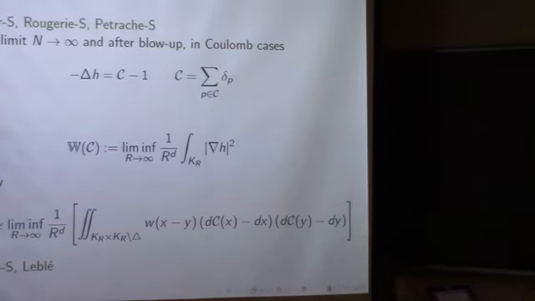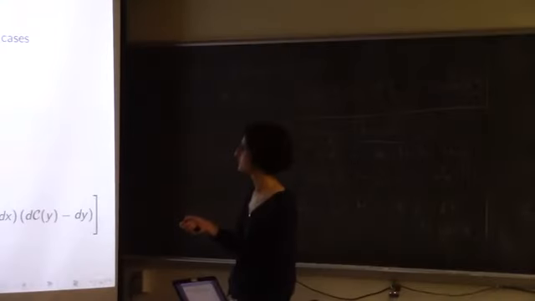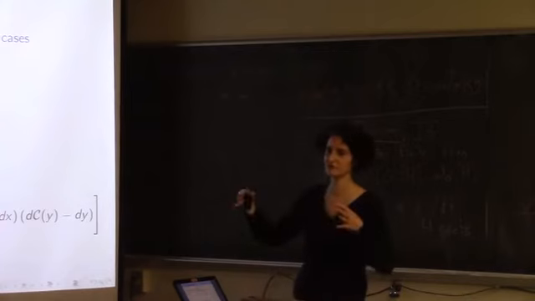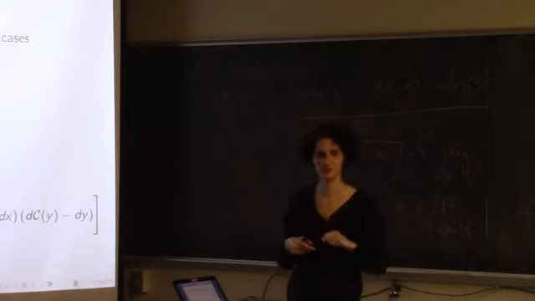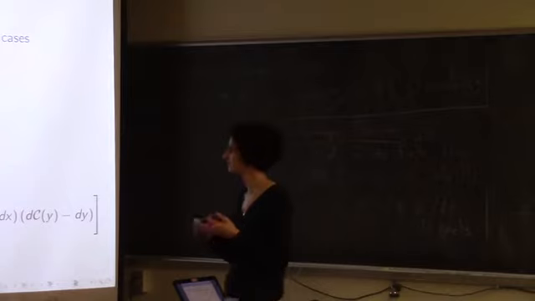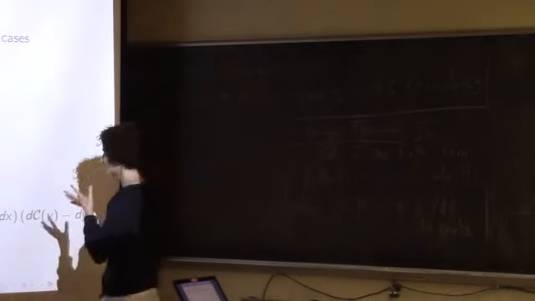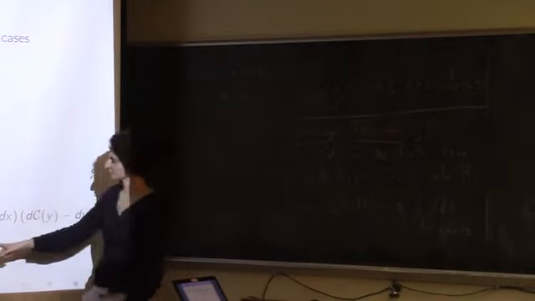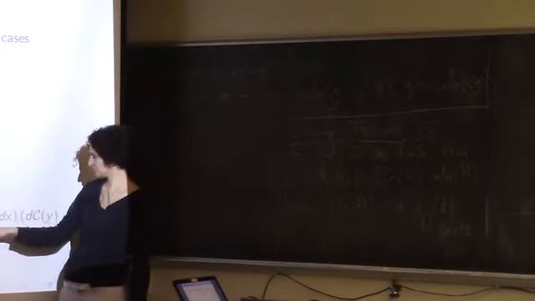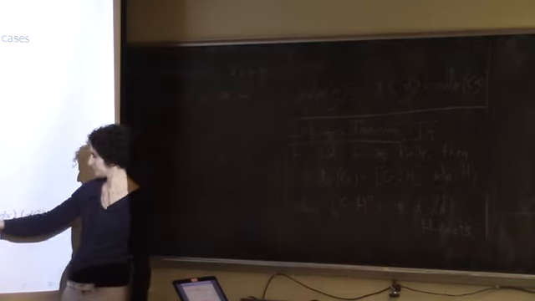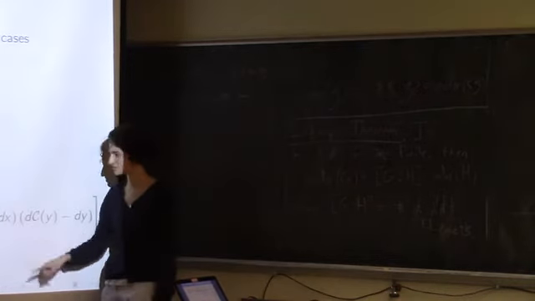These quantities were introduced in different papers with different co-authors in increasing level of generality of the potentials W that we could treat. So at first it was just log in 2D, and then we expanded to log in 1D, Coulomb, and then Riesz. Okay, so roughly it gives you a way to compute these double integrals of the neutralized systems, where you have the configurations of points minus the uniform measure.